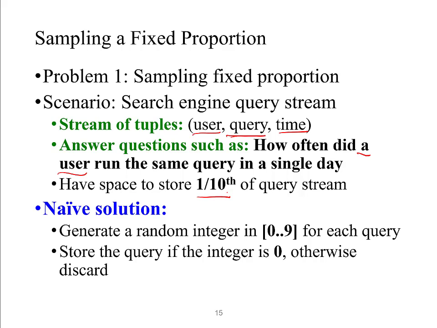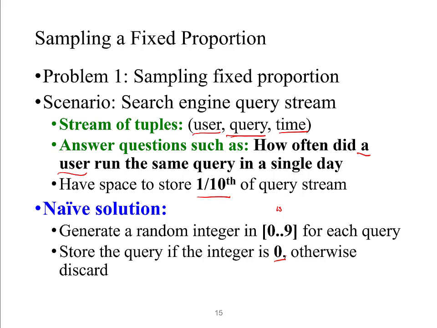Now the naive solution would be we generate a random integer between 0 and 9. So there are actually 10 different integers here for each query, and we store the query if the integer is 0. Otherwise, we discard it, which means we ignore it.